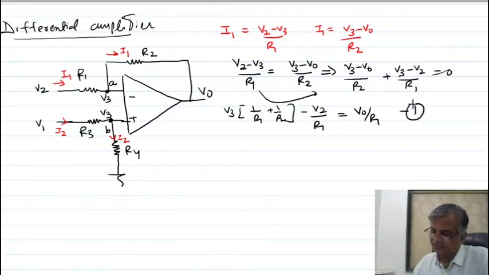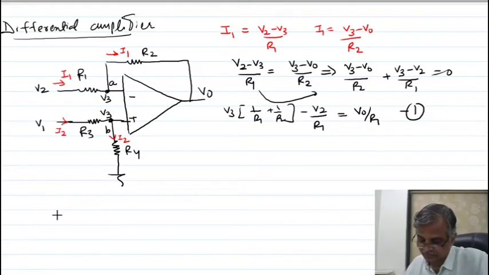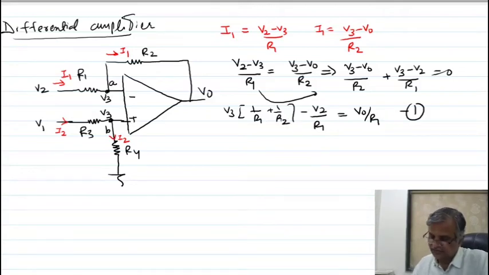So equation 1. This is very simple. I have equated these two, taken on this side, so the sign will be changed. V3 by R2, V3 by R1, so I have taken V3 common, minus V2 by R1, and VO by R2 I have taken on the other side.